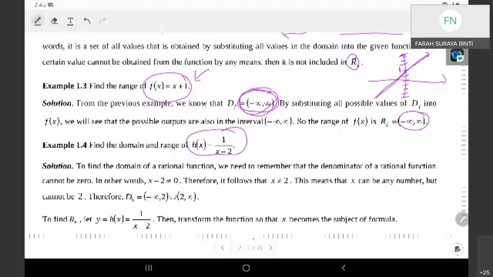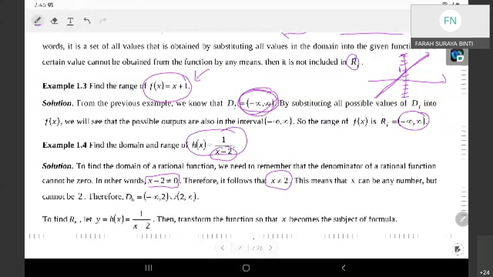Okay, so if we apply that to this function, so we can say that x minus 2, okay, the denominator for this function, which is x minus 2, cannot be 0. So we will set x minus 2 not equal 0. So simplifying that, then we will have x not equal to 2.